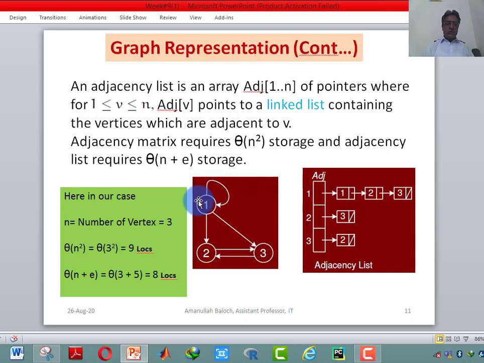From 1 to 2, a single edge exists. 1 to 1, a single edge exists. 1 to 2, yes, a single node exists.